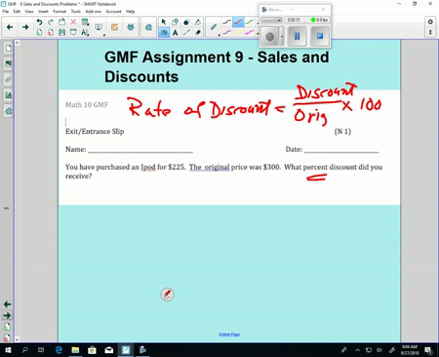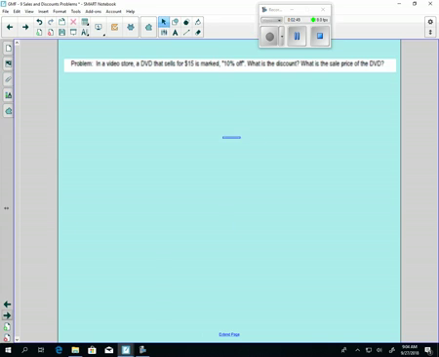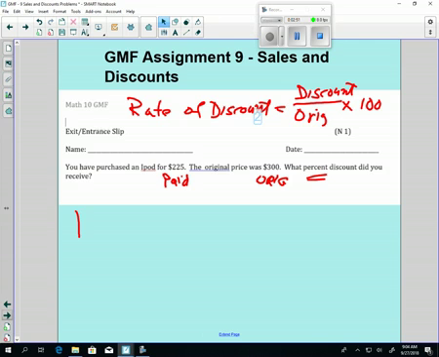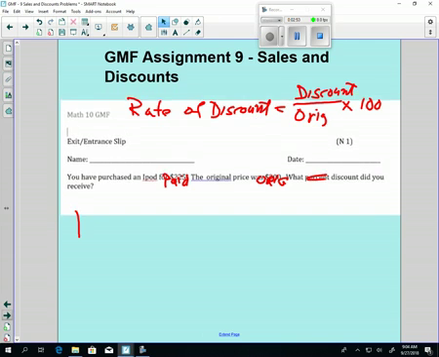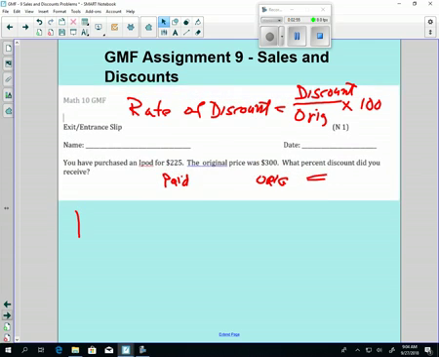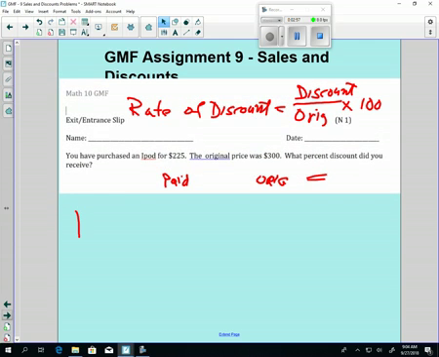So here you have purchased it for $225, so that's what you paid for it. But the original price was $300. So, how much did you save? I'll just write right on top of that.